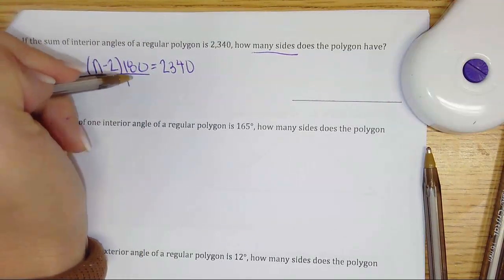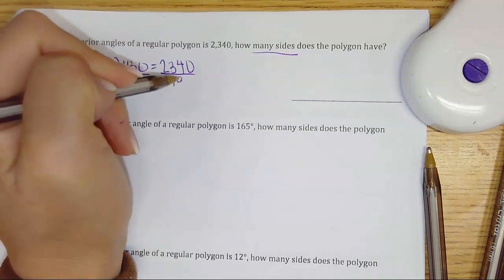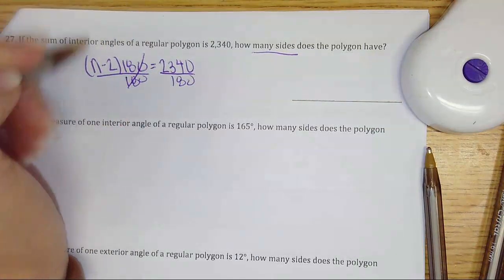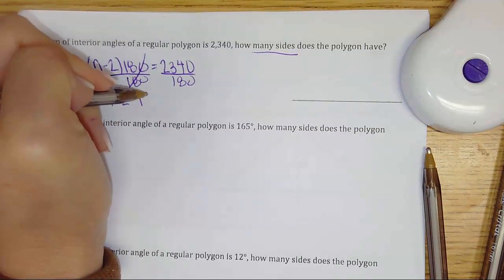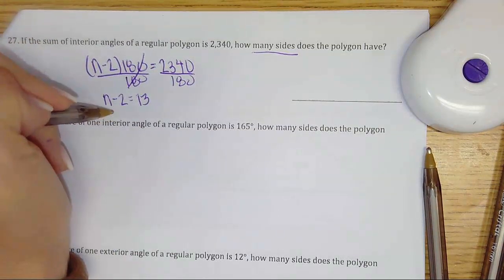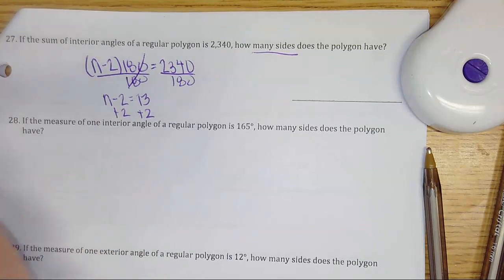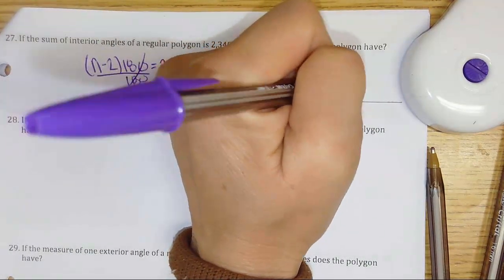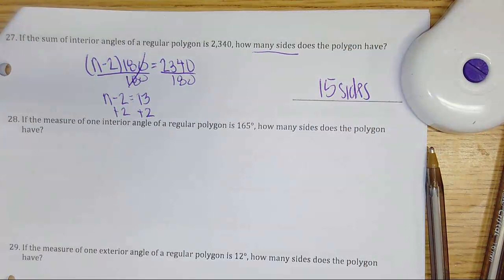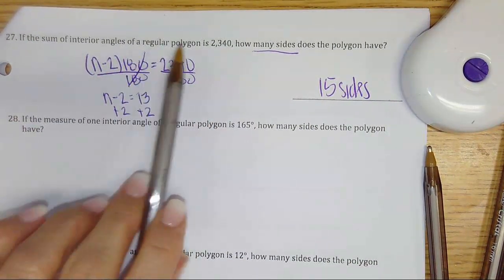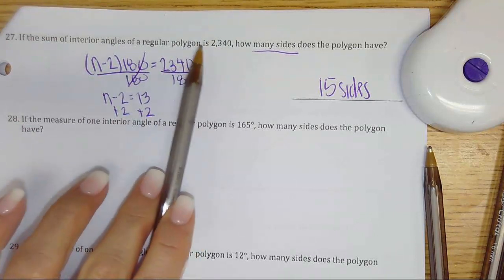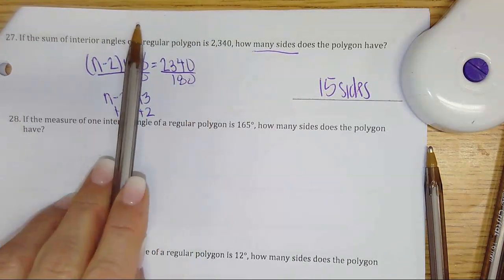I'm going to divide by 180 and divide by 180. I'm going to get n minus 2 equals 13, and add 2 and add 2 and get 15 sides. So the trick here is knowing, hey, I know the sum of the angles. What formula gives me the sum?